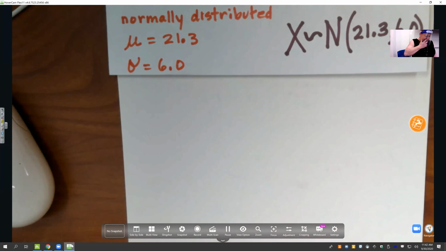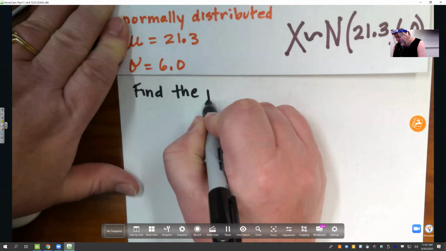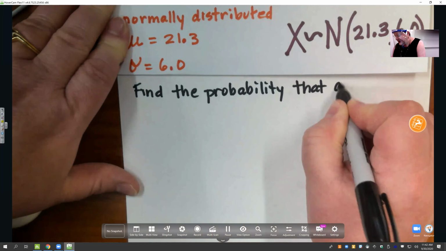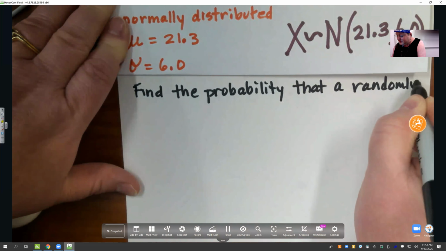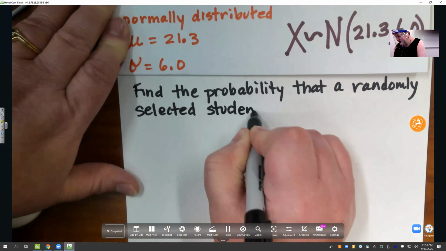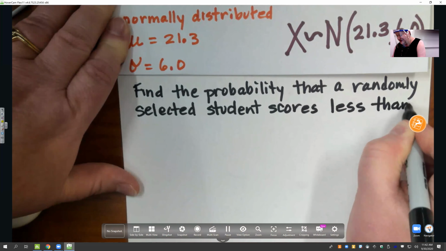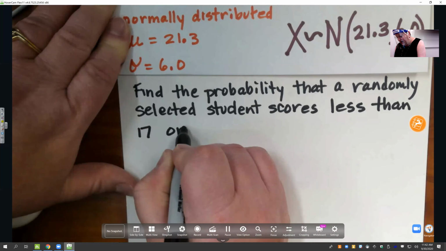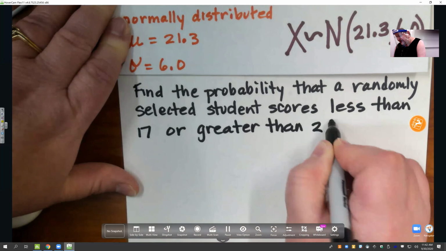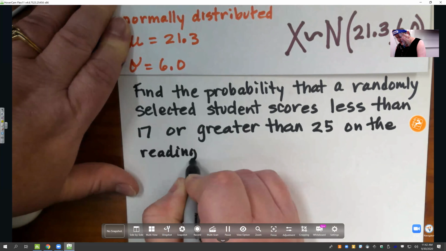This time we want to find the probability that a randomly selected student scores less than 17 or greater than 25 on the reading ACT.